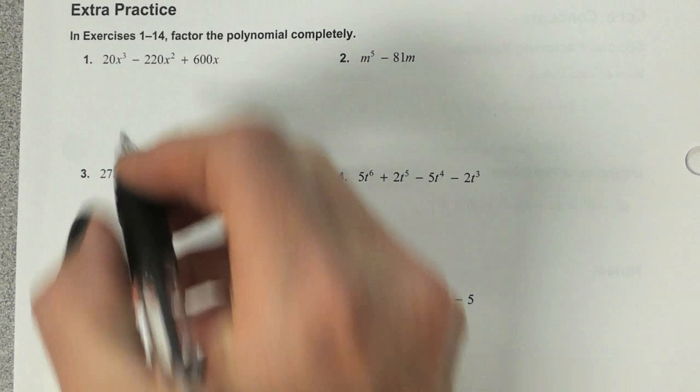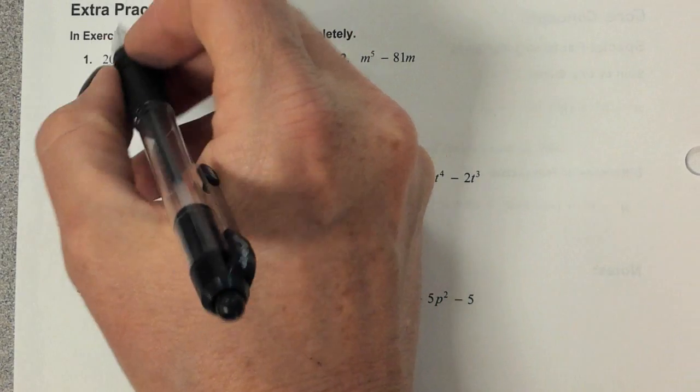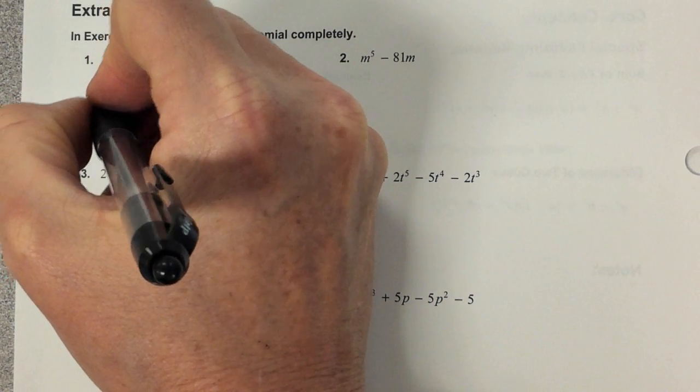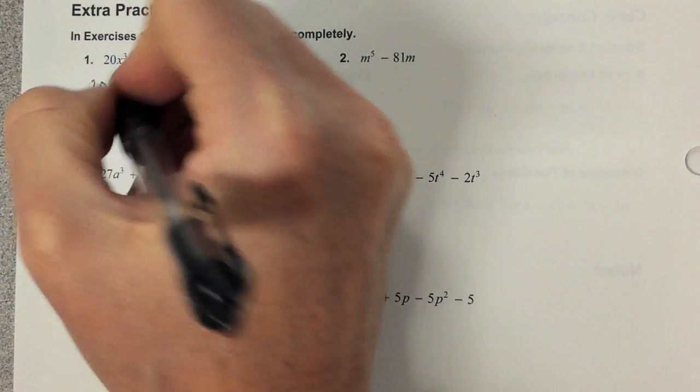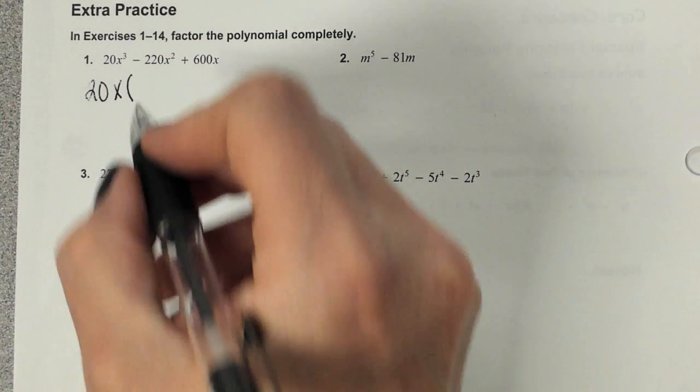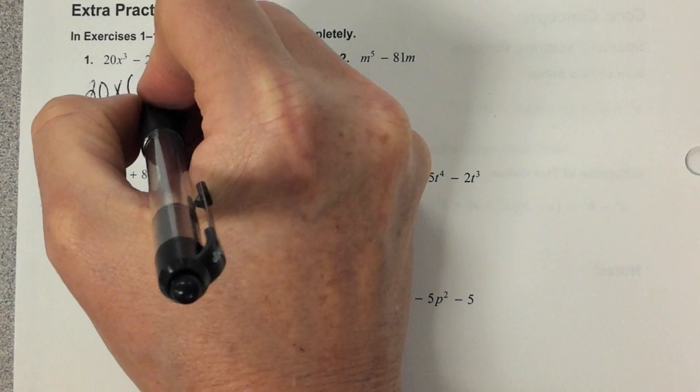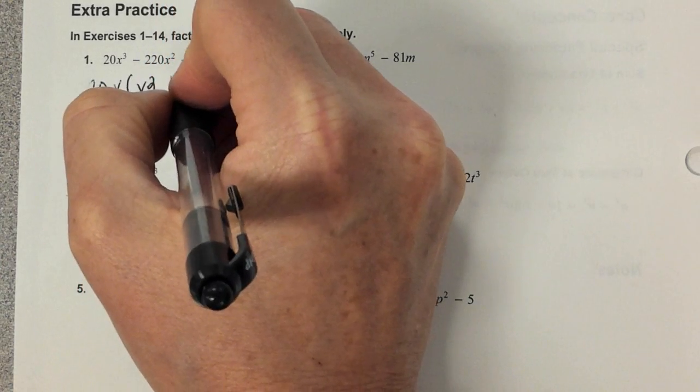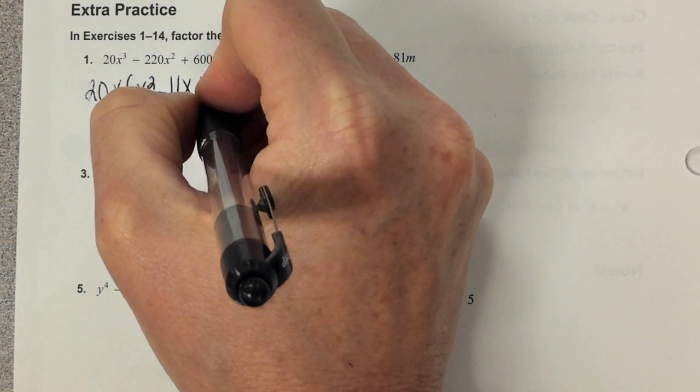Okay? So on number 1, when you were trying this, you should have factored out a 20x. After you divide everything by 20x, you're going to get x squared minus 11x plus 30.